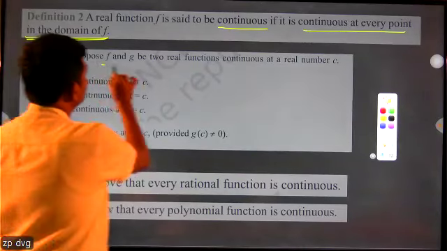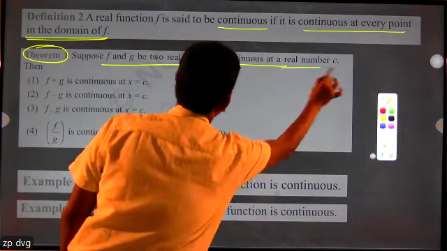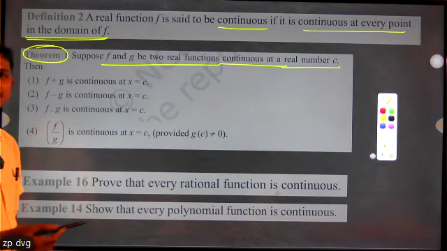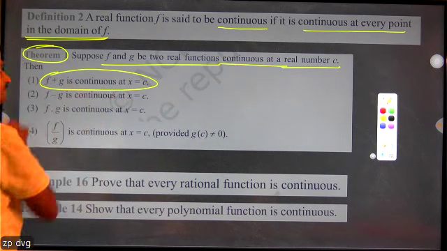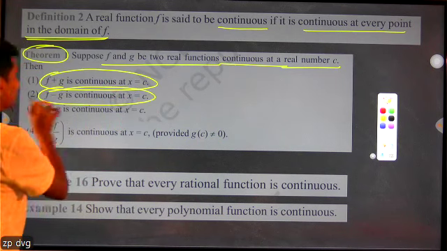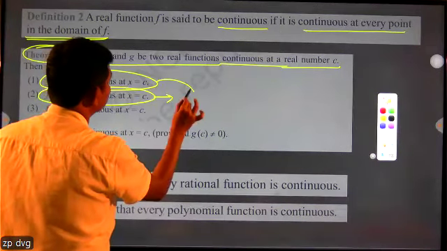f and g are two real functions which are continuous at c. f is continuous at c, g is also continuous at c. Then f plus g is continuous at c, right? f minus g is continuous at c. Here one point I'll ask: when can we say f plus g is continuous at c?